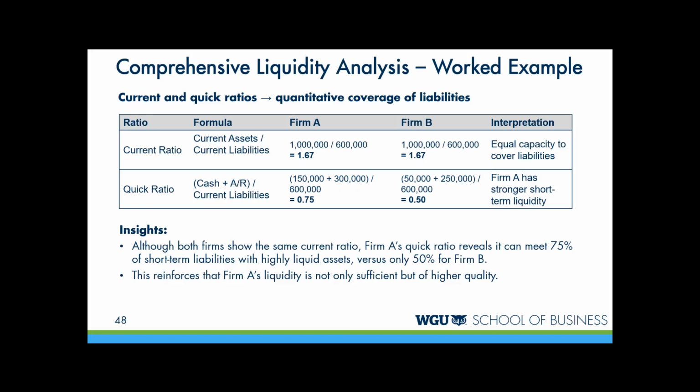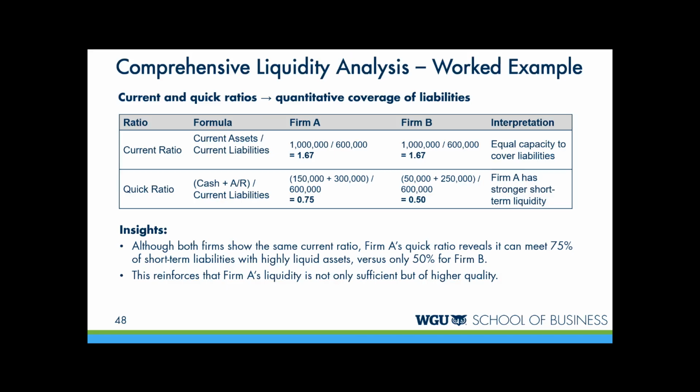Firm A has cash and accounts receivable totaling $450,000 divided by $600,000, giving them a quick ratio of 0.75, whereas firm B only has a quick ratio of 0.5.